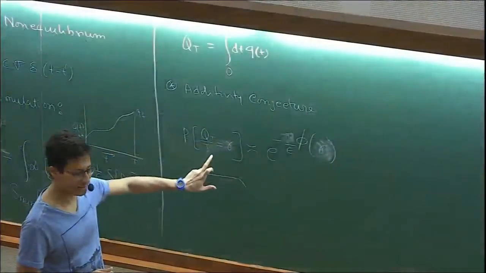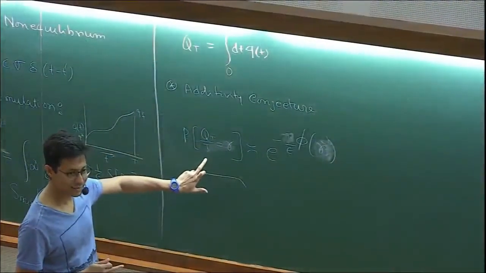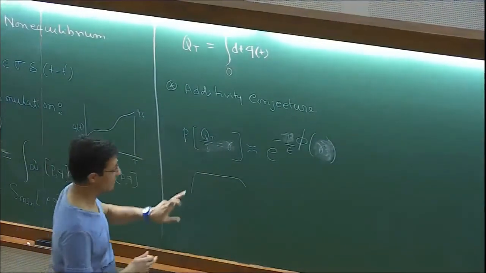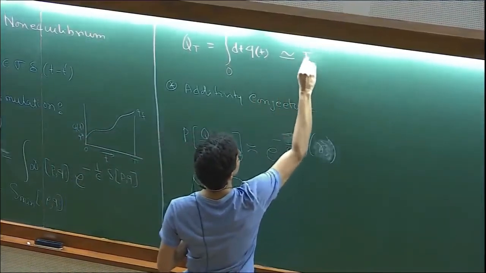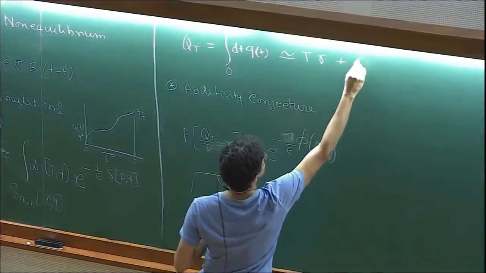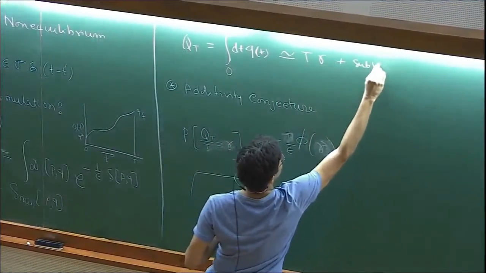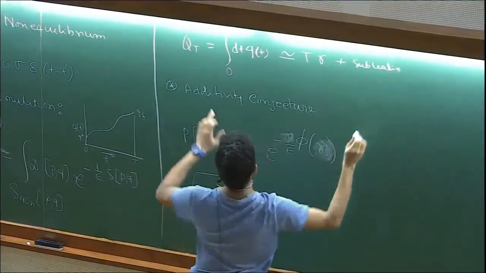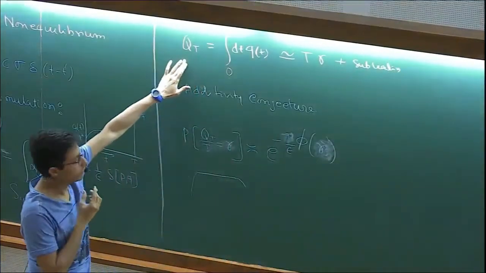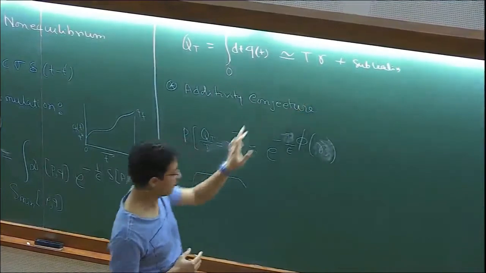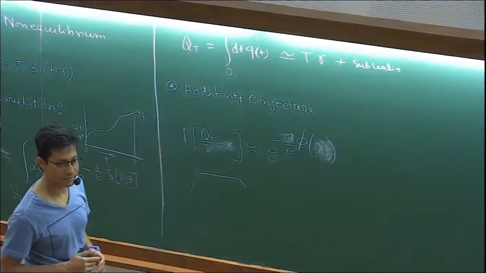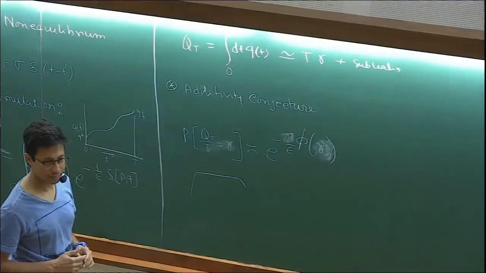So here, R is not the optimal profile. I'm demanding that I want to see Q_t by t just being R, plus of course there are subleading terms. Then if I look for a problem where I say that Q_t, the leading behavior is this, then that probability has this large deviation form.